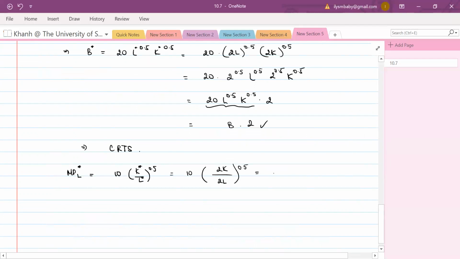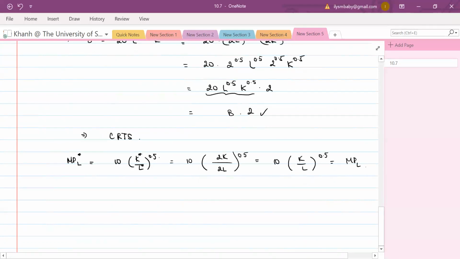As you can see, the 2 cancels out, so we are left with 10K on L to the power half, which is exactly the same as the original marginal product of labor. So if we increase both capital and labor by the same proportion, the marginal product of labor doesn't change. It remains the same.